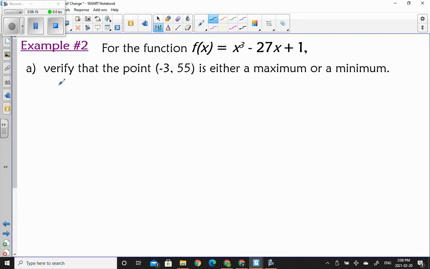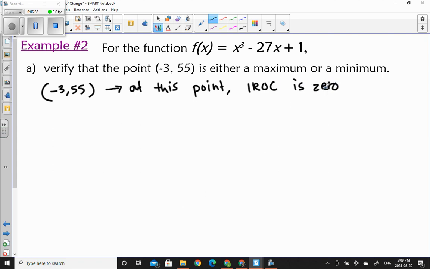So if it is either of those two, basically we are trying to verify that at this point the IROC is 0. The instantaneous rate of change is 0 at either a maximum or a minimum point.